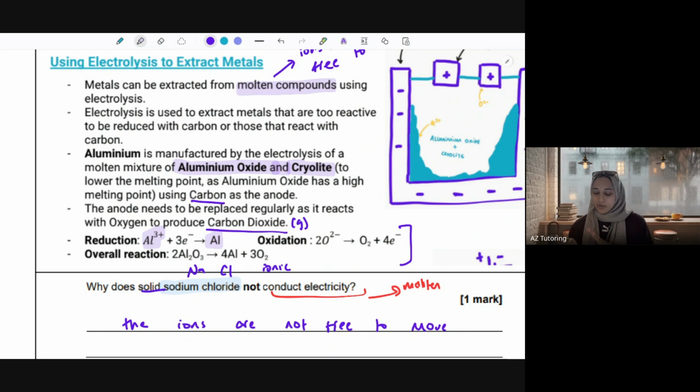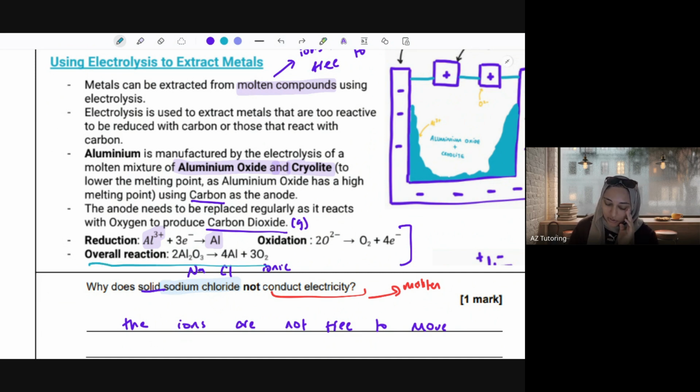A lot of people get confused by this because you always think metal ions have lost electrons. They have. Going from an atom to an ion, you lose electrons, but here we're going from the ion back to the atom, so it's gaining electrons back. That's the reason why we've got the plus 3 electrons. Okay, so that's basically what's happening.